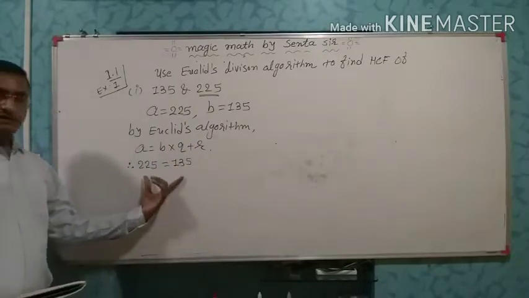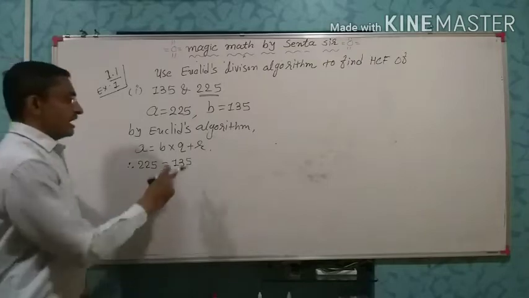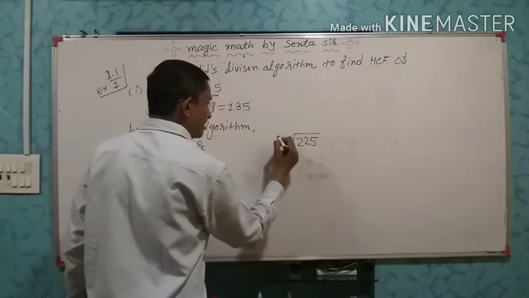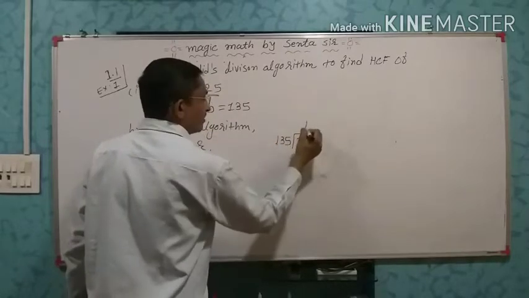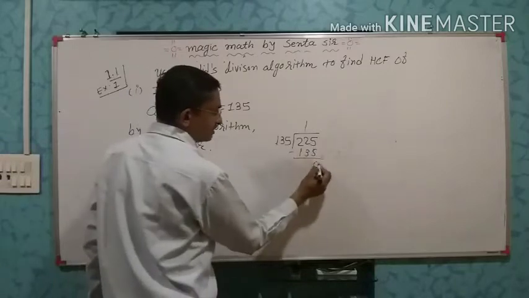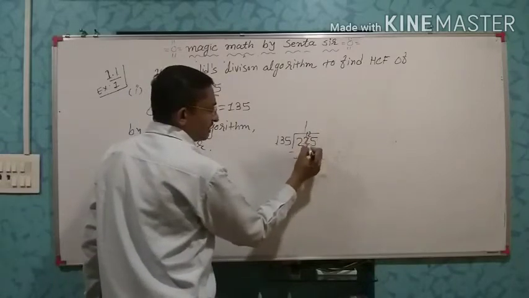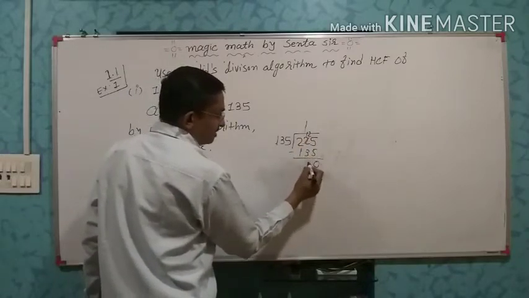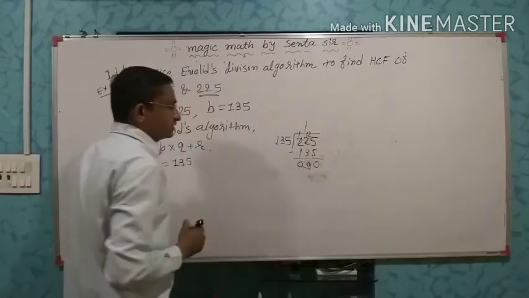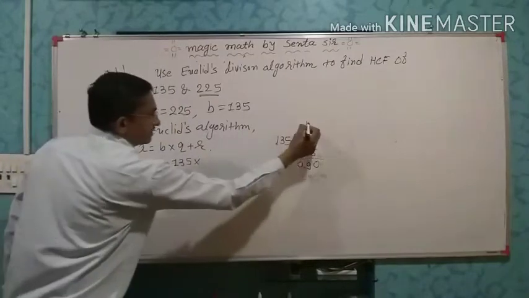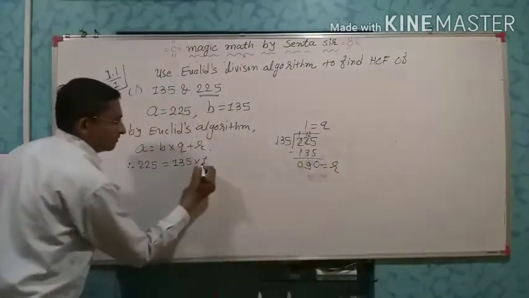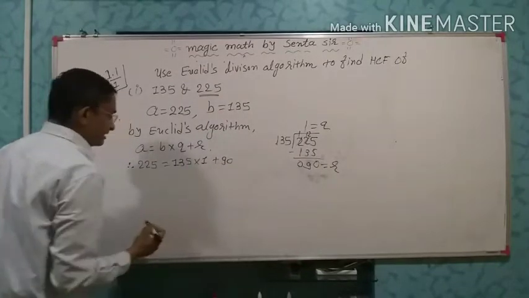We take division of this number and get quotient and remainder. 225 divided by 135. 135 ones are 135, 5 minus 5, 0, 12, 12 minus 3, 9, 1 minus 1, 0. Quotient is 1 and remainder is 90.